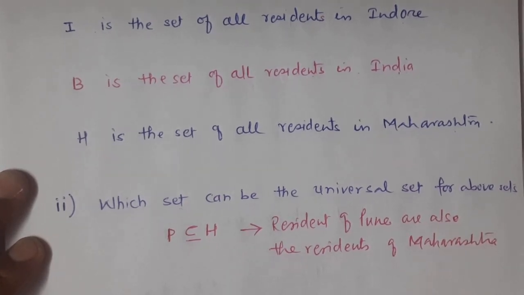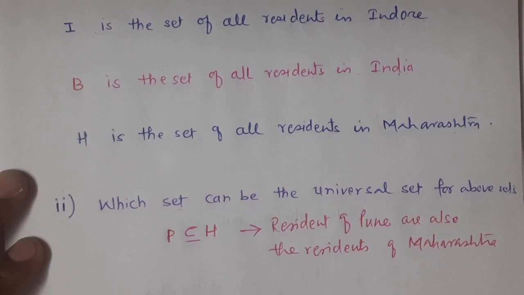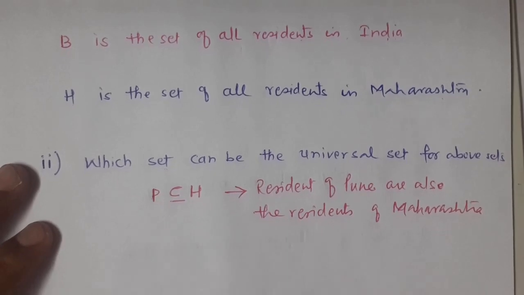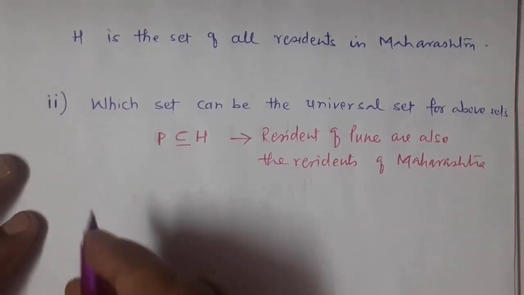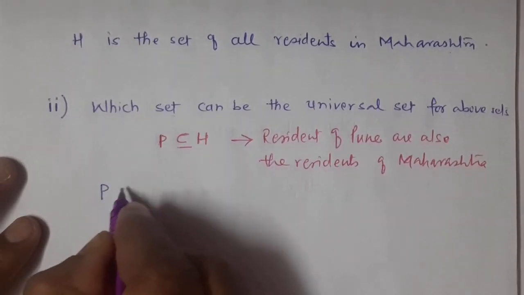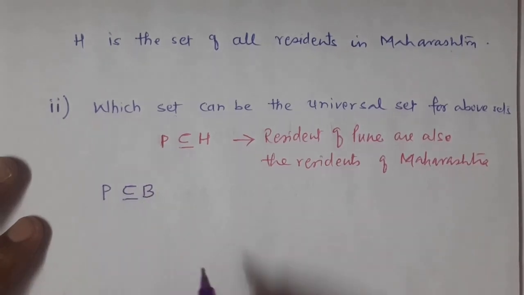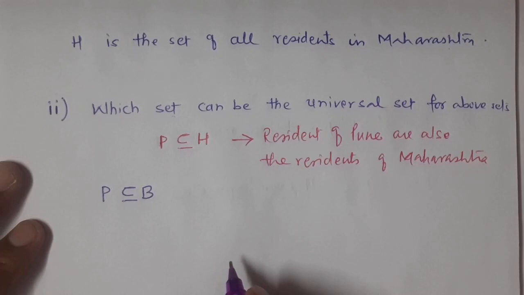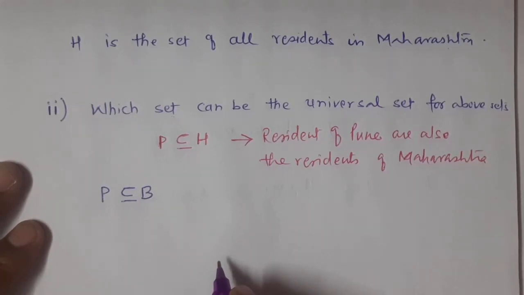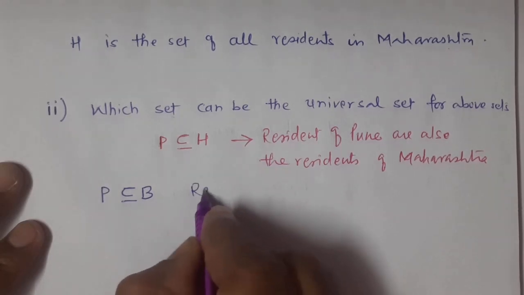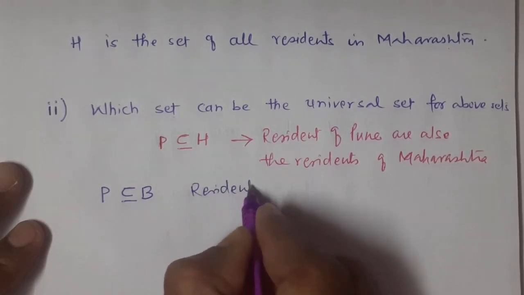Then the second thing: we can write that P is a subset of B. What does it mean? Whatever the residents of Pune are, they are the residents of India also.